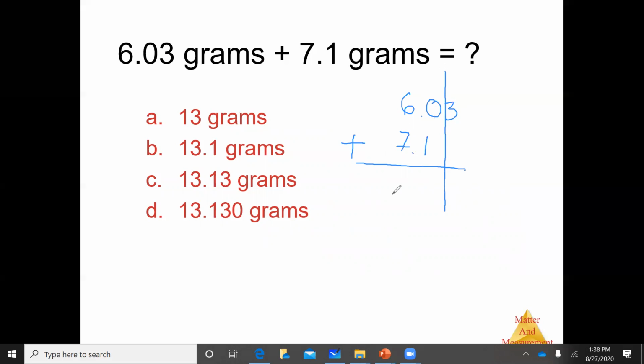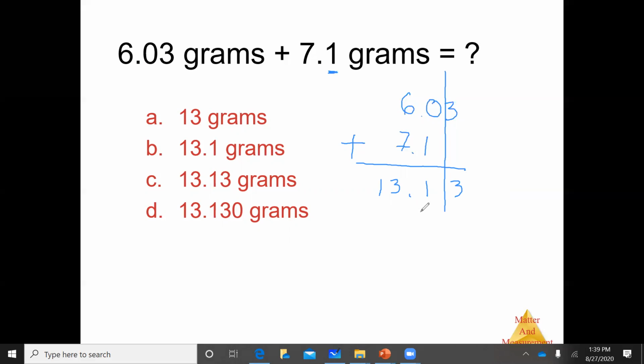So when I plug this into my calculator, I end up with a number of 13.13. Okay. In addition and subtraction, I can only honor the lower decimal place.